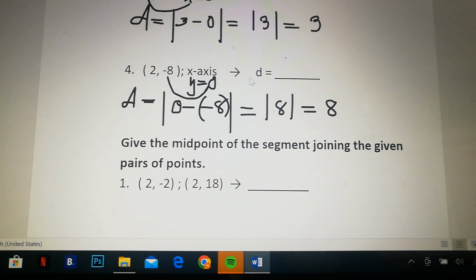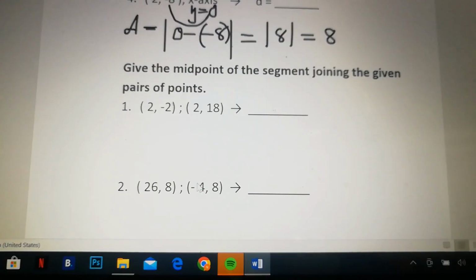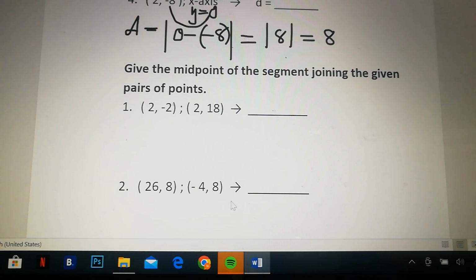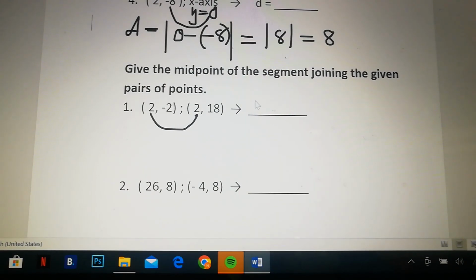Next is give the midpoint of the segment joining the given pair of points. Since the x coordinates are equal, then 2 plus 2 divided by 2 is equal to 2. Then negative 2 plus 18 is 16, divided by 2 equal to 8.